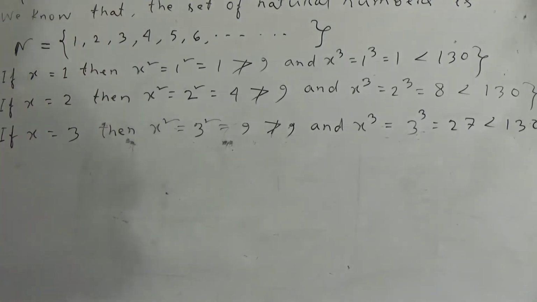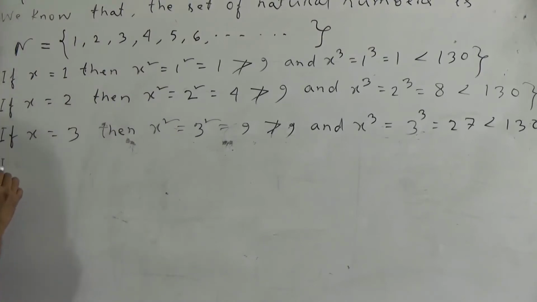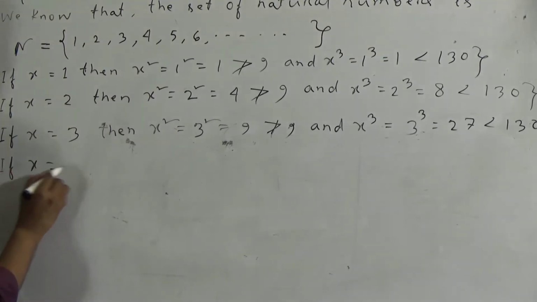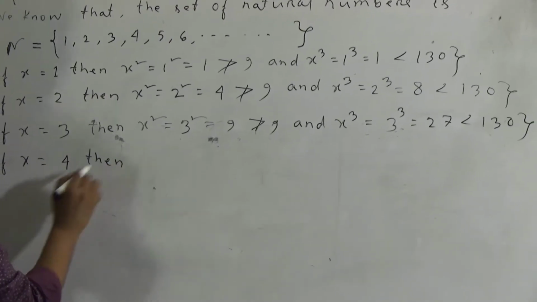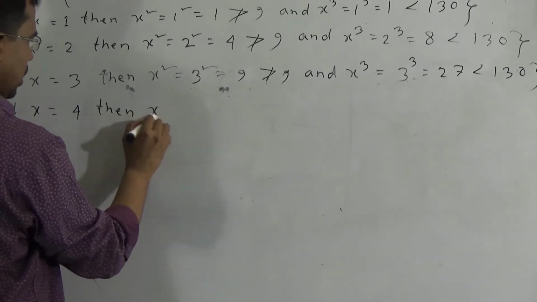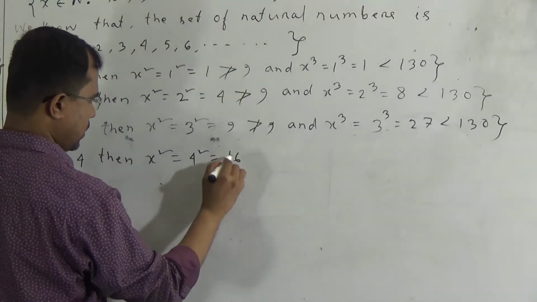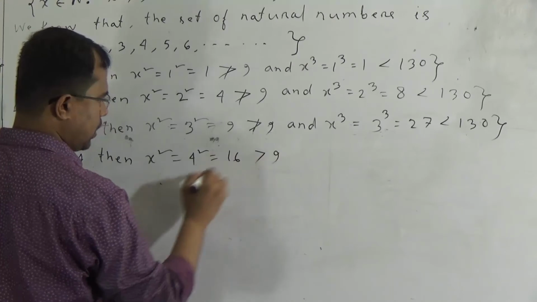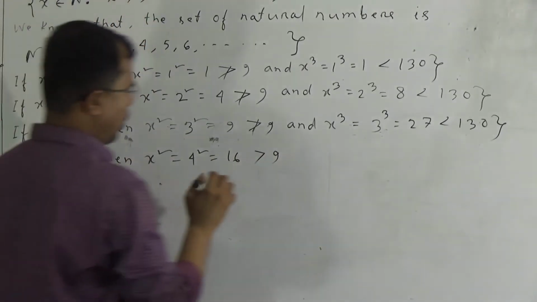Now we will check, can we take 4 as an element of this set? If x equal to 4, then x square equal to 4 square is equal to 16. 16 is greater than 9. That means 4 follows this condition.